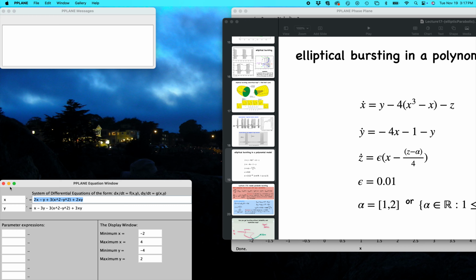So x prime equals y minus 4 times x times x times x minus z, and y prime equals minus 4 times x minus 1 minus y. Z is just a parameter. Let's make it just 0.1 for the moment.